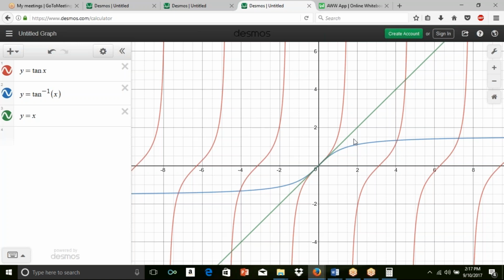There's an asymptote right there. And these values, if you remember correctly, were negative pi over 2 and pi over 2.